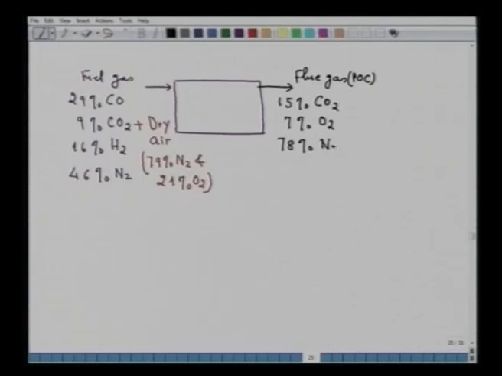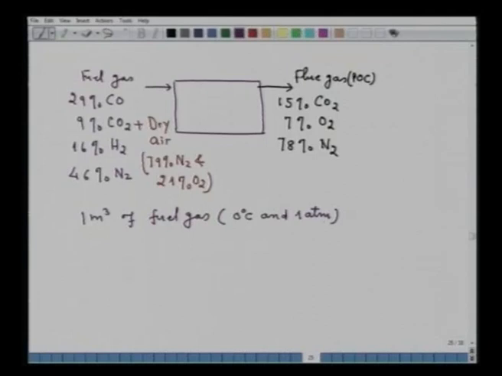And the first calculation we have to do is the volume of POC. In order to calculate it, let us assume 1 meter cube of fuel gas as the basis of calculation, at 0 degree Celsius, 273 K and 1 atmospheric pressure. That is what is given to us.